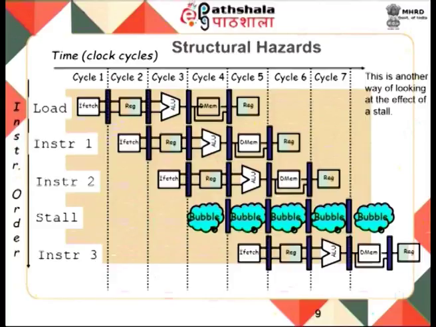A bubble, or a stall, is created in the pipeline, where instead of allowing this instruction to do an instruction fetch here, you generate a bubble there, and that bubble moves through the pipeline. In the next clock cycle, you find that the fetch has been pushed to the next clock cycle, with a bubble of one clock cycle or a stall of one clock cycle introduced in the pipeline.